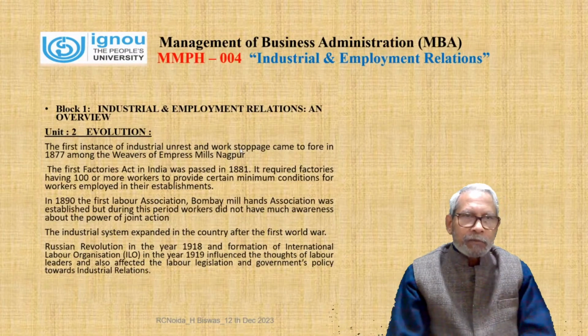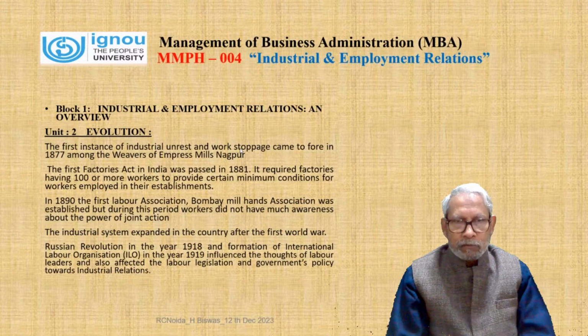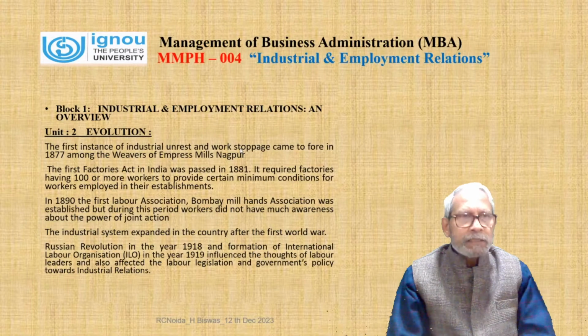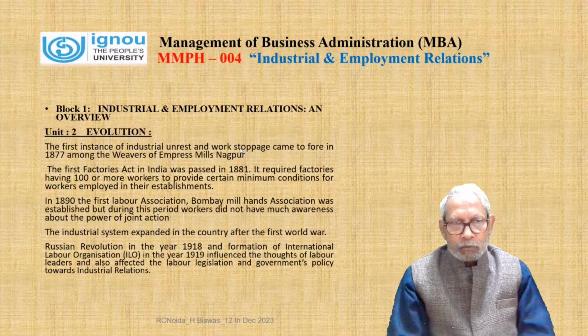The first instance of industrial unrest and workers' stoppage came in 1877, the weavers of the Empress Mills, Nagpur. The first Factory Act in India was passed in 1881.